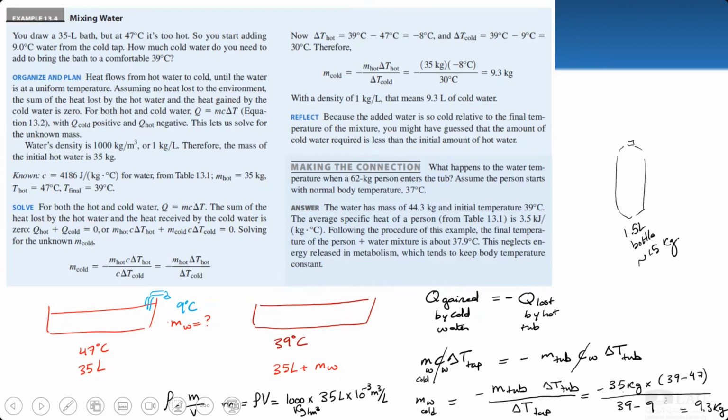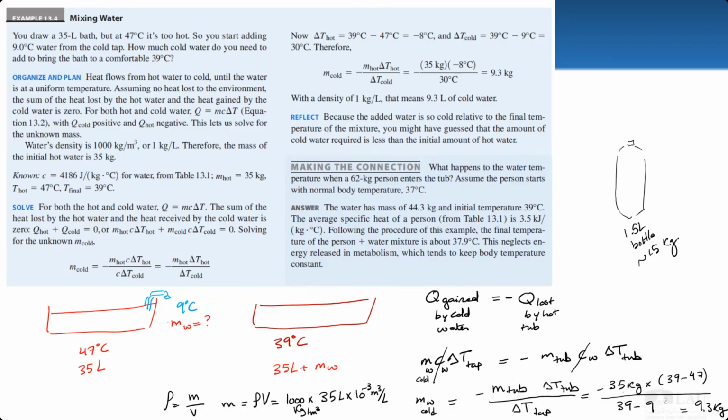We have a small part that was added at the end of this problem, which says what happens to the water temperature when a 62 kilogram person enters the tub. Assume the person starts with normal body temperature of 37 degrees Celsius. So what happens here? Again, we're going to have some lost and gained energy.